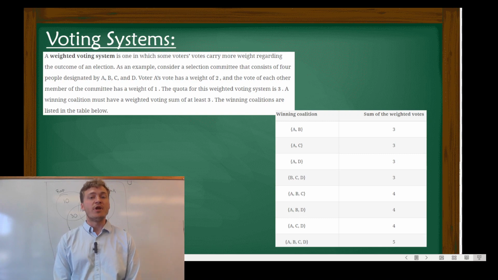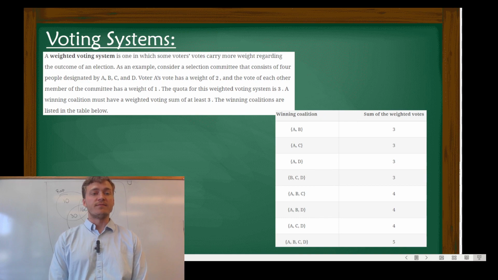Notice here that you do not get a winning coalition of BC, BD, or CD because a winning coalition of 2 must consist of A. However, even though A has a large vote, a weight of 2, note that BCD is one instance where A is not a part of the winning coalition. So it would have to be a majority vote if A is not involved.